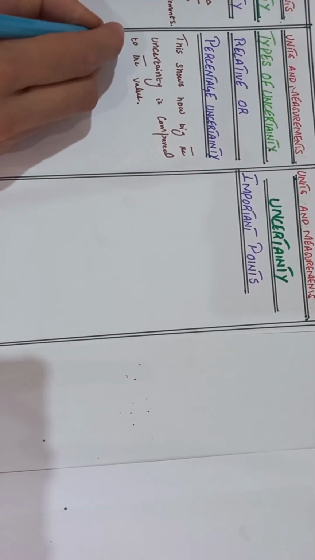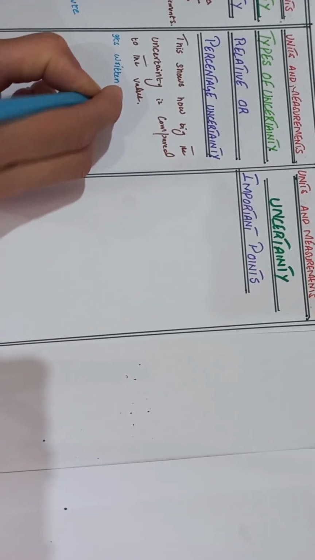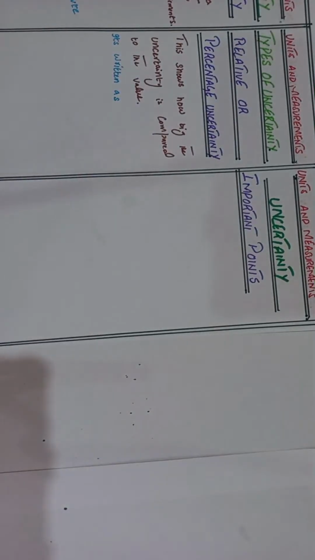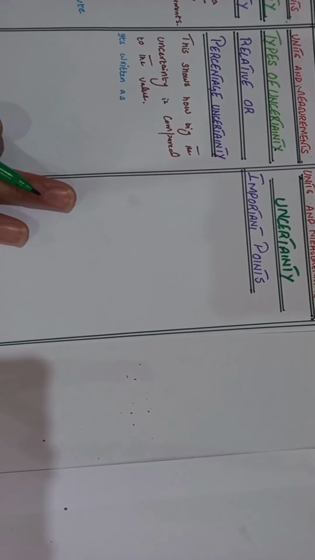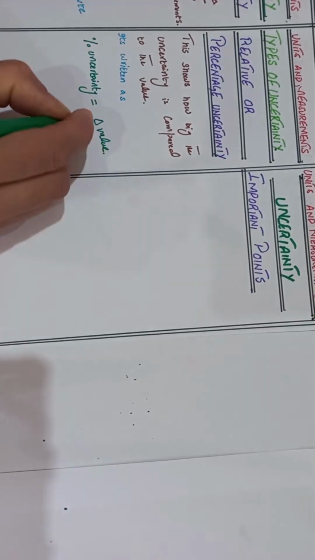It is written as percentage uncertainty is equal to change in value over the measured value.